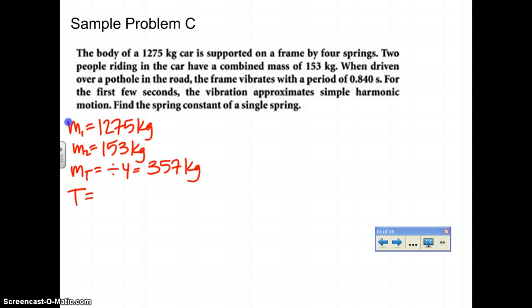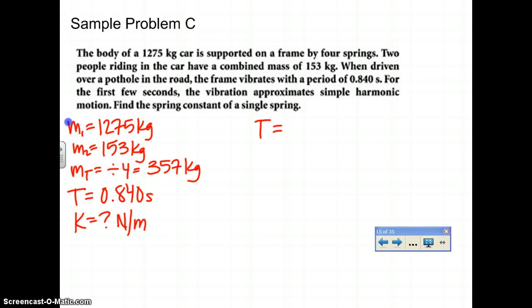The period in which these springs are oscillating is 0.840 seconds. So what is the spring constant of each of these springs? That's why we had to take that total and divide by 4, so that we could figure out the mass of one spring.